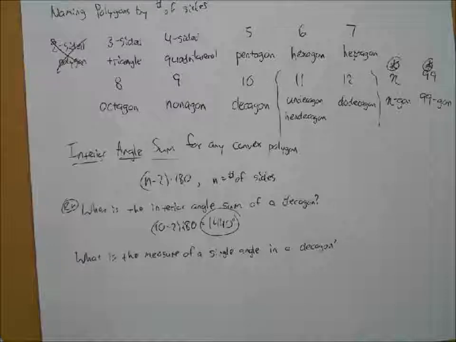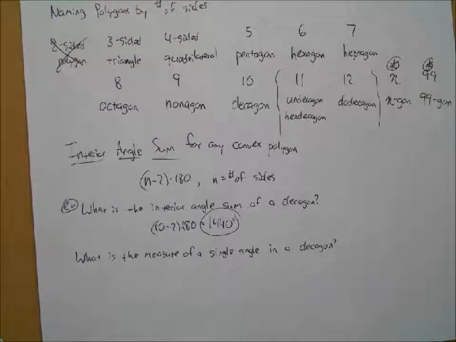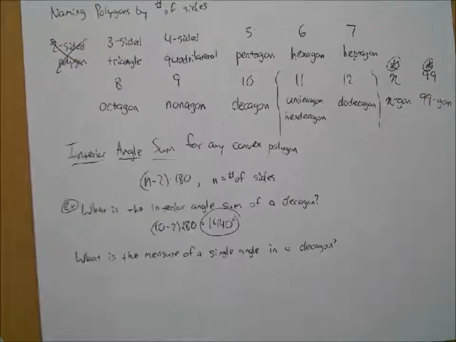We know what they all add up to, but can we answer what the measure of a single angle is in a decagon? Avery? Not unless it's specified to be equiangular. Right. We don't have enough information here yet, right? A decagon by itself is not guaranteed to be, first of all, convex or whatever. I guess we can assume. Well, anyway. It's not guaranteed to be regular, right?